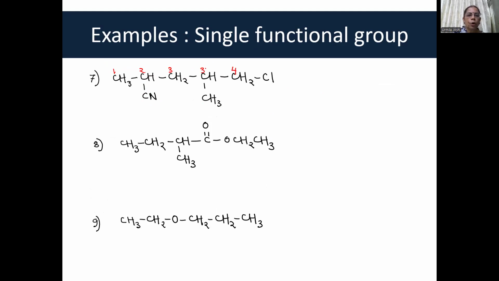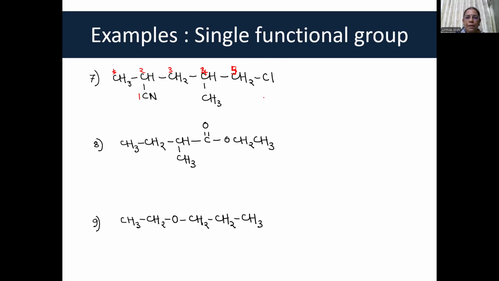Okay, sorry, you can number this like this. Cyano gets 1, this 2, 3, 4 and 5. So at 2 position there is methyl, at 4 position there is methyl, and at 5 position there is chloro.